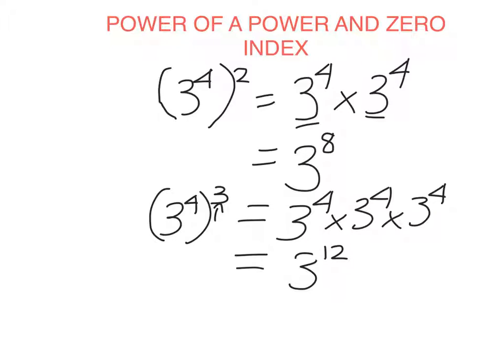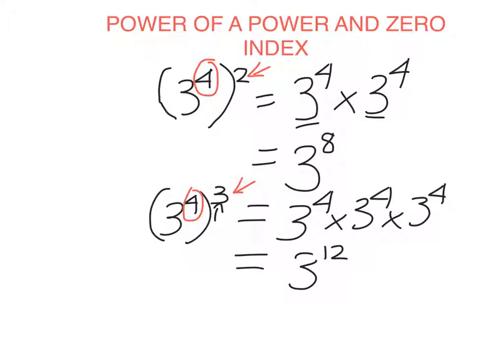Now what I hope you notice from these examples is that when we're, say, raising 3 to the power of 4 to another power, we're adding 4 to itself this many times. So in the first one, we added 4 twice. In this one, we added 4 3 times. Of course, when you add something to itself multiple times, that's precisely what multiplication is.